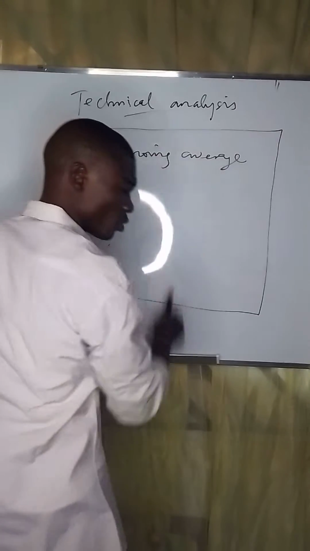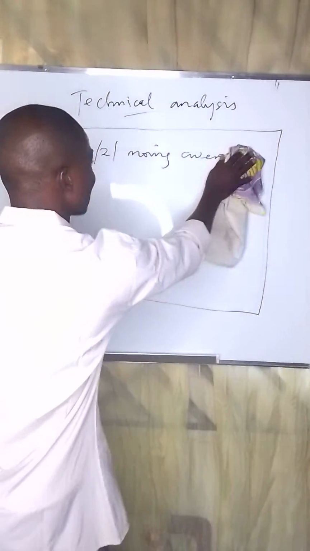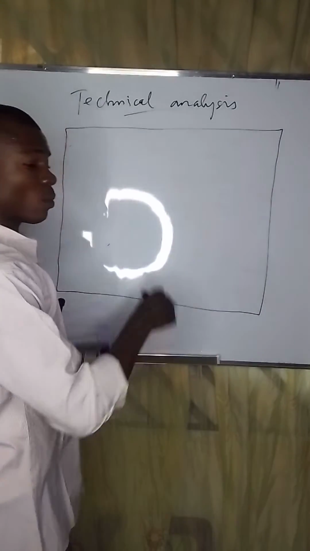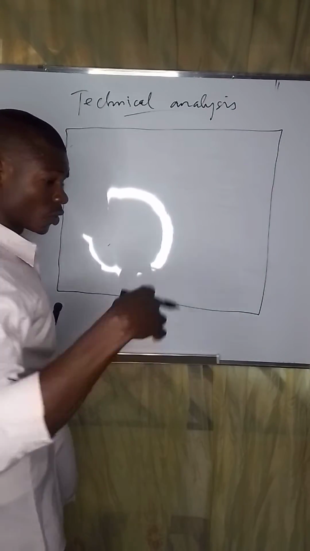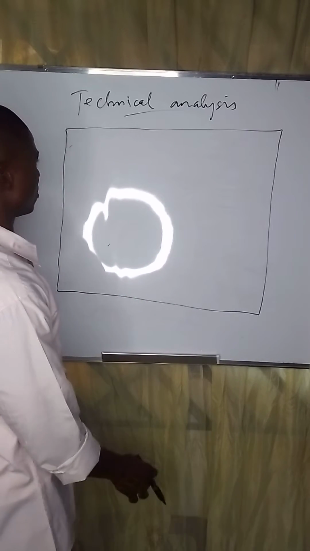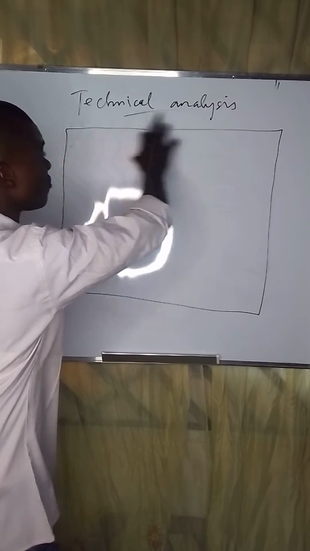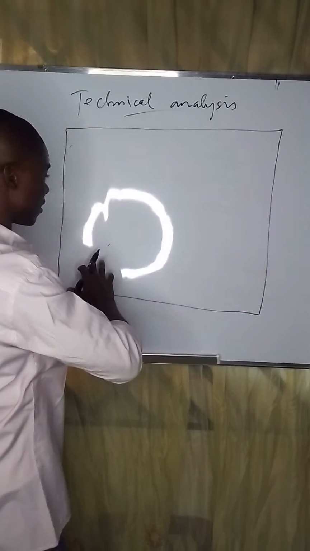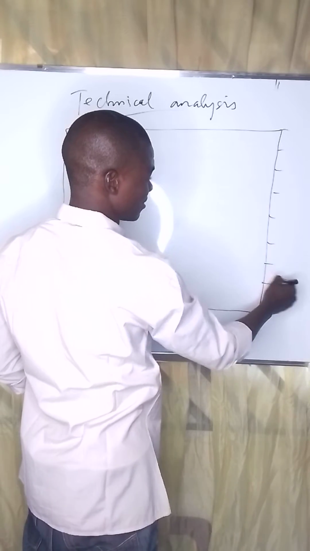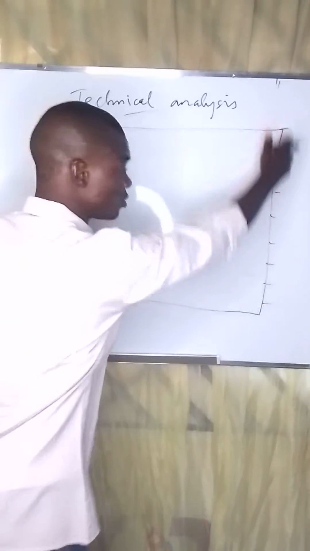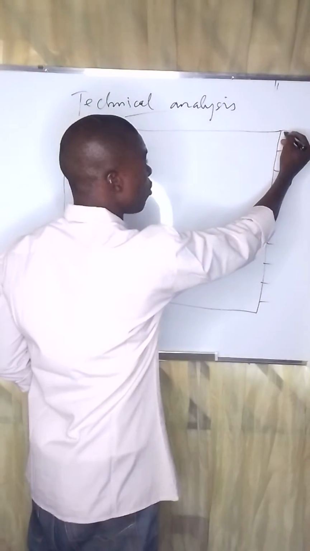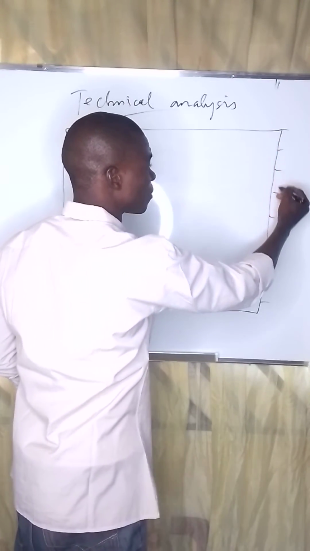So the size of your screen matters. When you go through any broker and you open the trading panel, most probably you have a very wide screen and you have the prices by the right. These numbers you see by the right are equal intervals apart from each other.